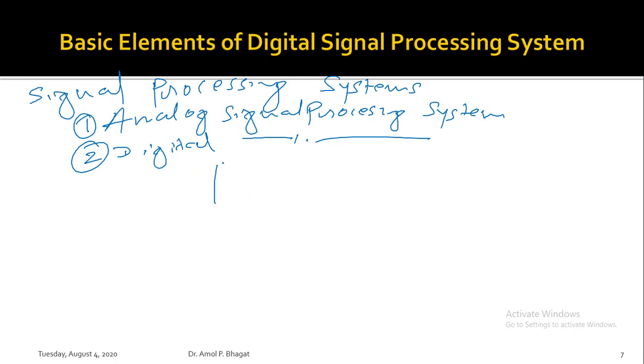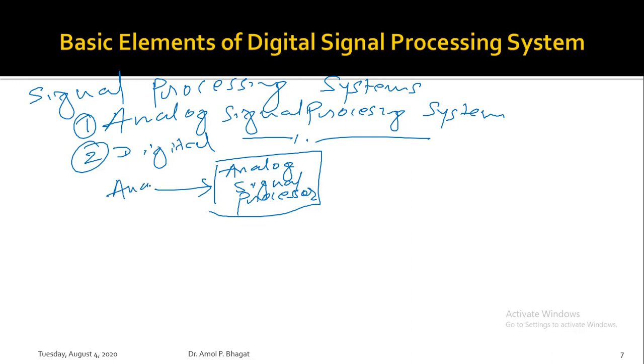So in case of an analog signal processing system, there may be an analog signal processor to which an analog signal is given as an input and it produces an analog signal as an output.